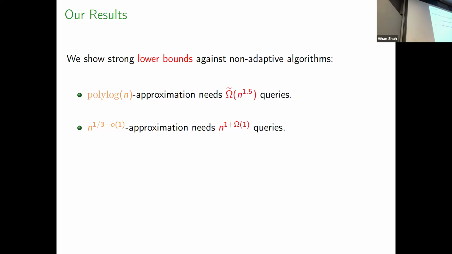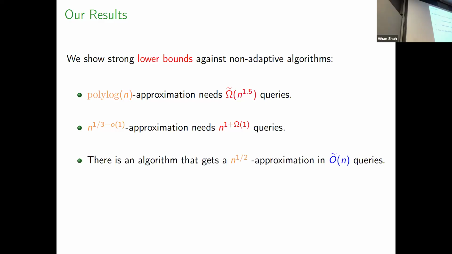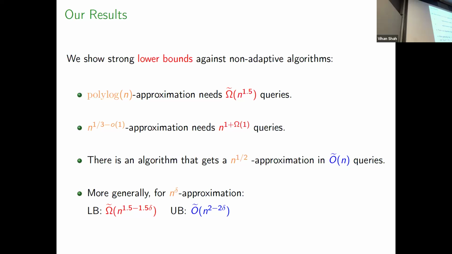But now it looks like, okay, maybe you cannot do anything in this model, right? Maybe this model is too restrictive. And I want to say, no, that is not the case. You have an algorithm that gives you a square root upper bound in n polylog queries. Okay? And we also show some general trade-offs that for some n to the delta approximation, you get some trade-off for the lower bound and for the upper bounds.